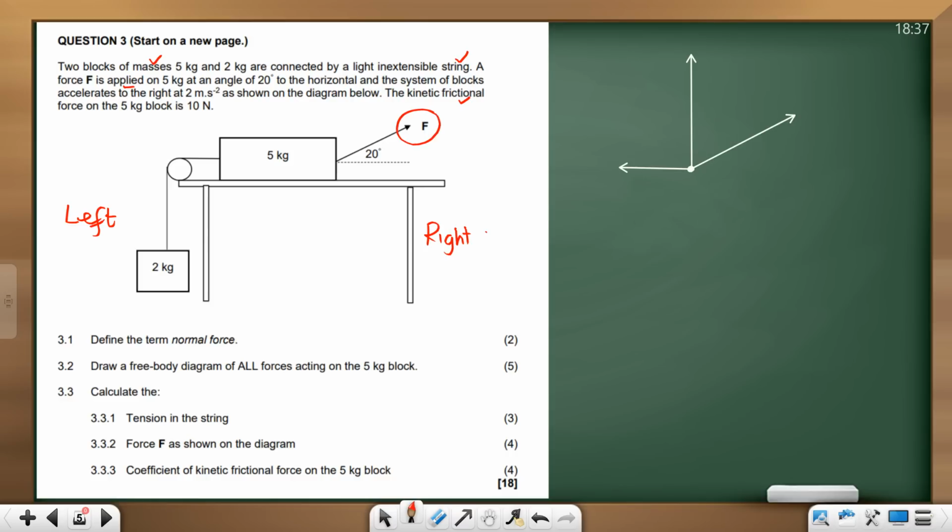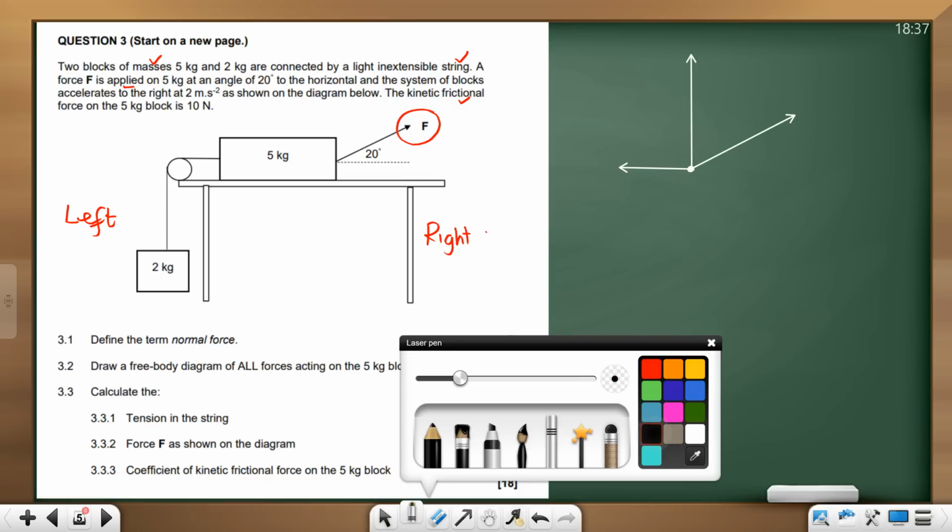Okay. What is this, Lindo? The one I circled. The force applied. Okay, wait. Hold on. Can we go back? Let's read again.